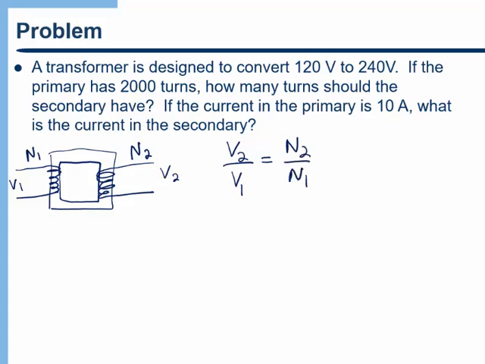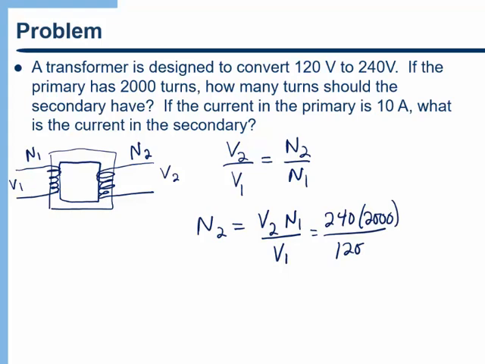In this case, we're trying to figure out how many turns we should have in the secondary. So N2 is going to be equal to V2 N1 over V1, or 240 times 2,000 divided by 120, and that is 4,000 turns.